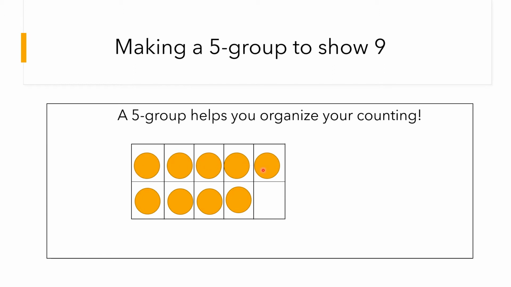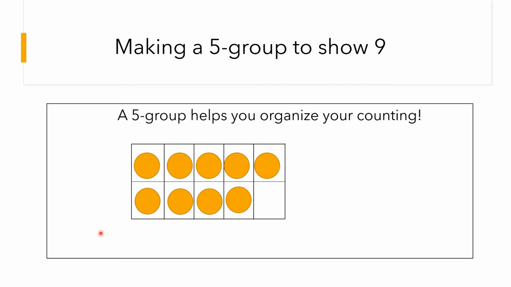5 circles at top, 4 circles at the bottom. Make how many circles all together, kindergarten? What did you say? You got it. It makes 9. Just to make sure, we should count all together.